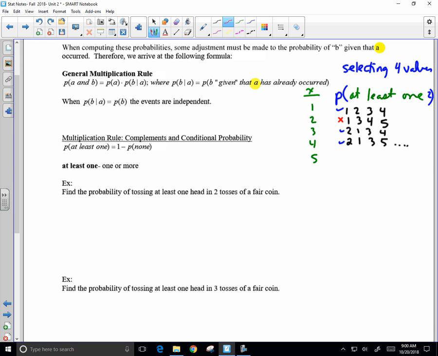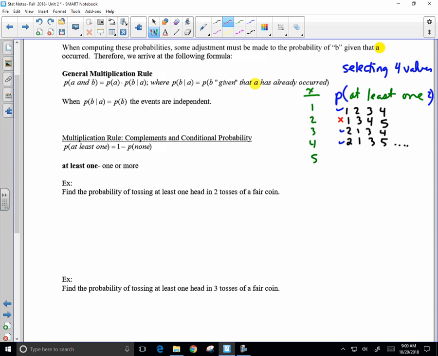Right? So what we need to do is somehow come up with a way in which we do not have to list out all the possibilities in order to figure out what the solution is. And this example that I made up on the fly actually does a good job of that, because what's going to be easier to identify? The cases that satisfy the at least one 2, or the cases that don't?